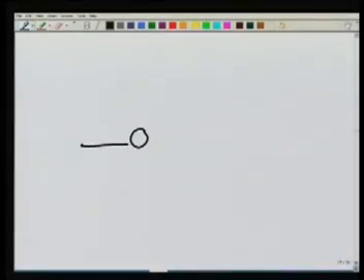Let me explain again in this manner. Let us take a very simple thing, that is only 2 layers.